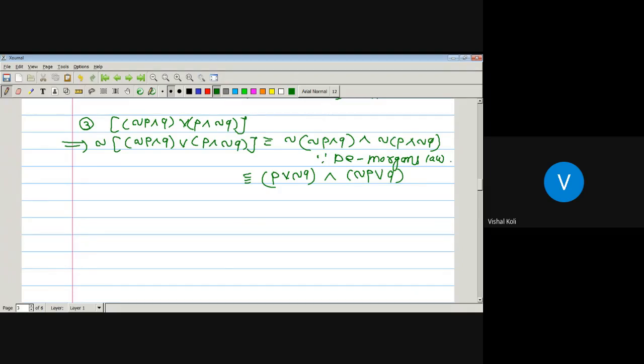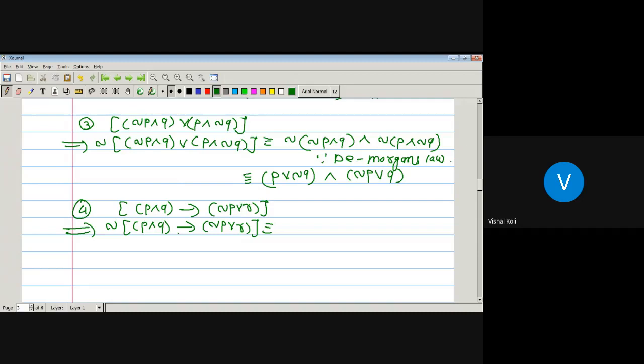Now the last one, the fourth: we have to find out the negation of P and Q conditional negation of P or R. So take its negation.